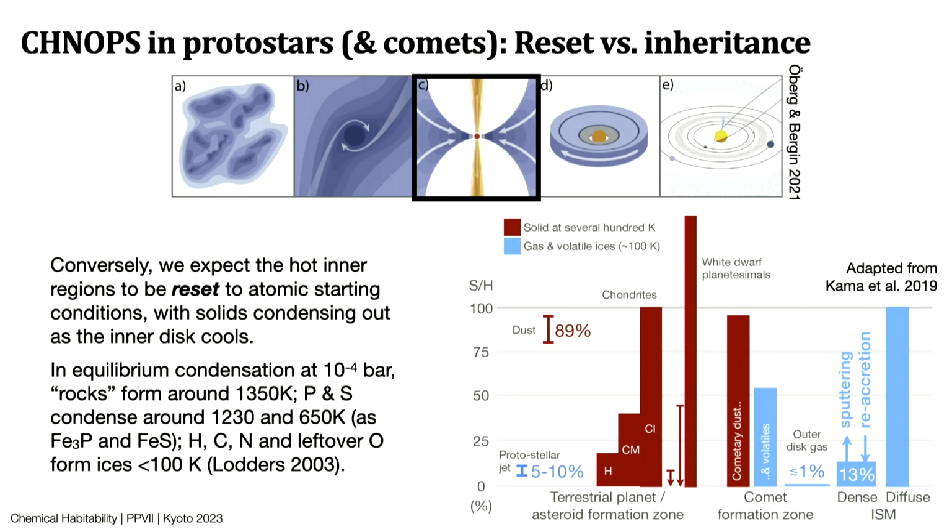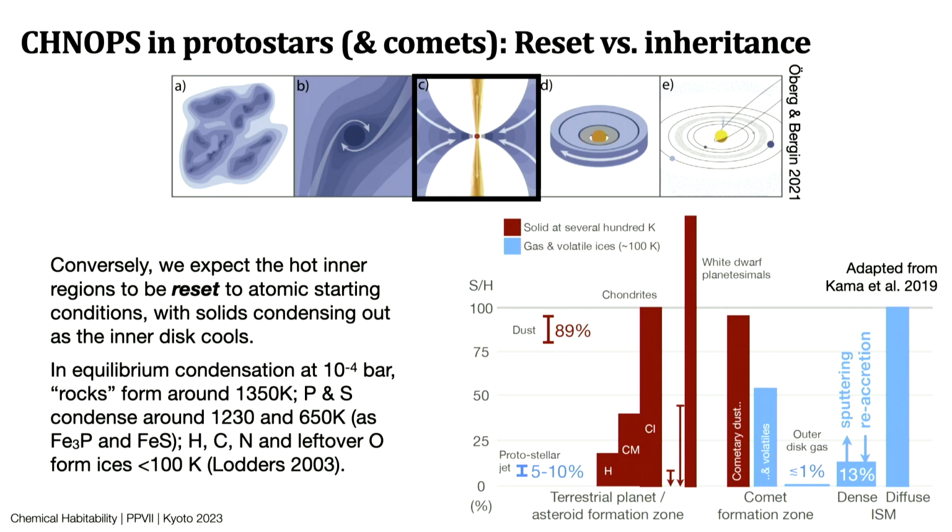Where material is heated, sees higher temperatures, and is reset basically to atomic conditions, only to then condense out at higher temperatures. So this is illustrated very well in the context of CHNOPS by sulfur, for example. This is adapted from a plot, thank you, of Mihkel. So sulfur is very volatile.